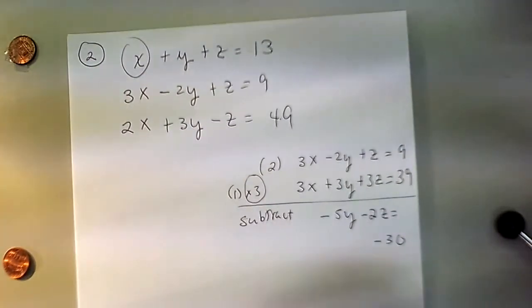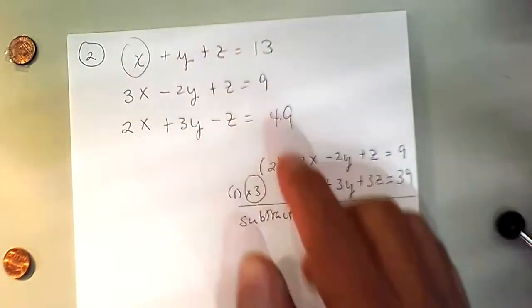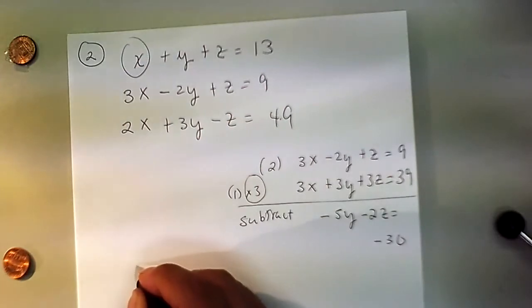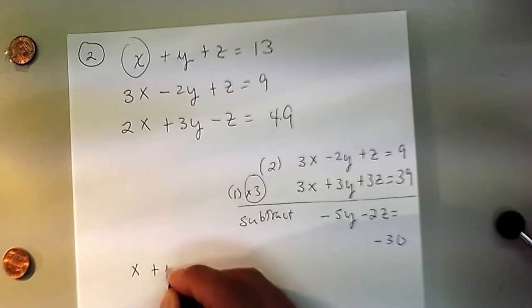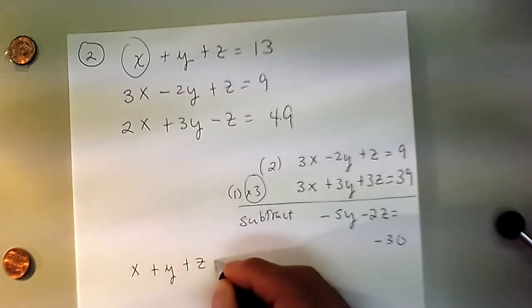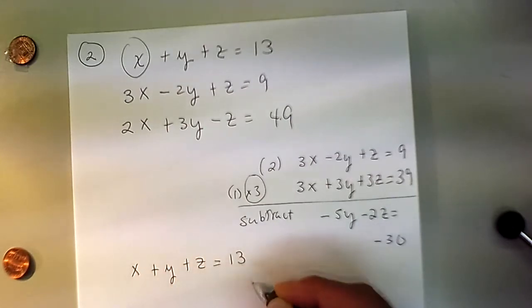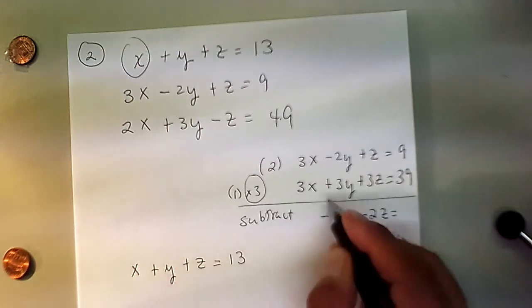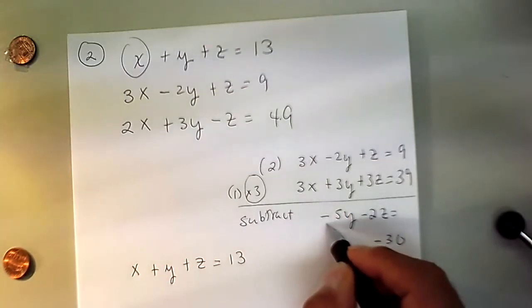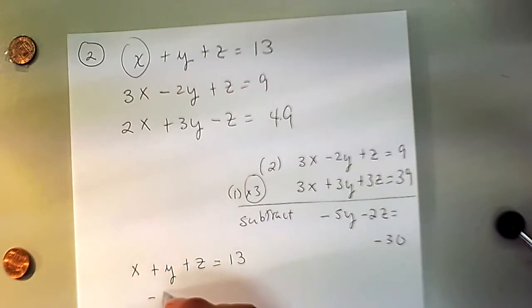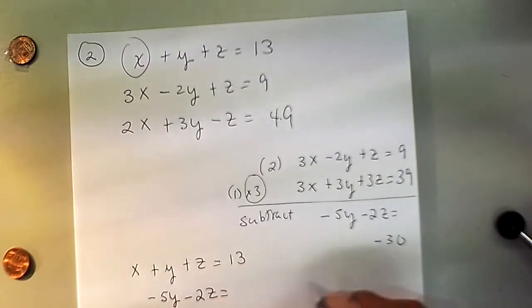Okay, so now this system is changed into a new system: x plus y plus z equals 13, negative 5y minus 2z equals negative 30.